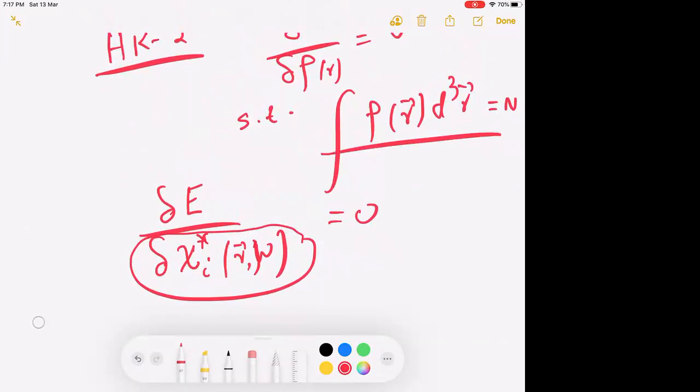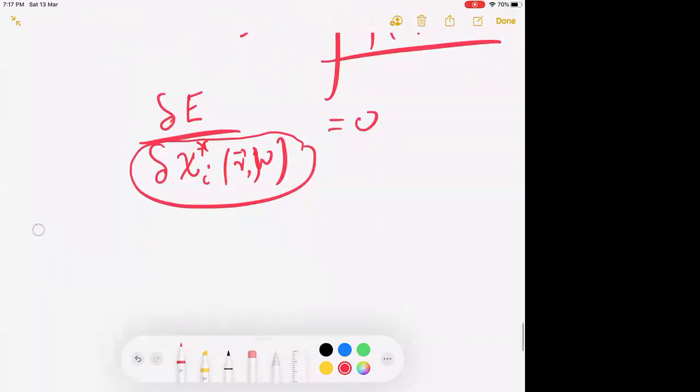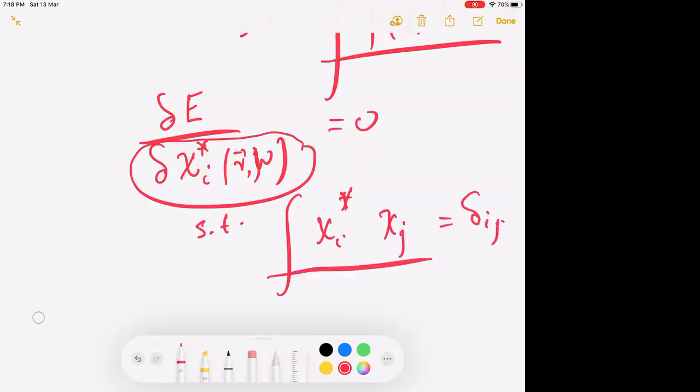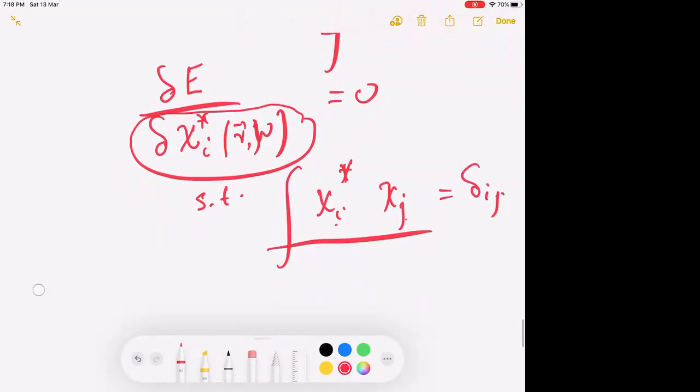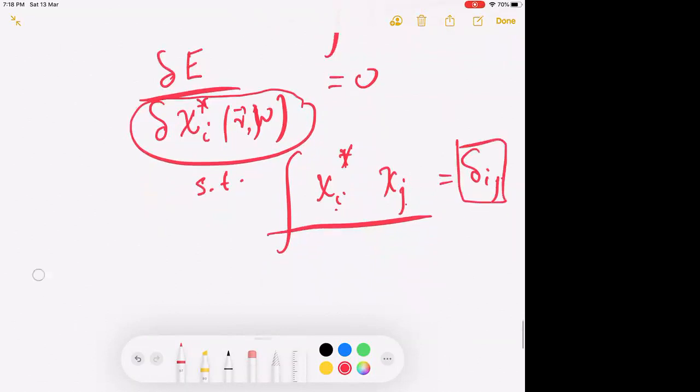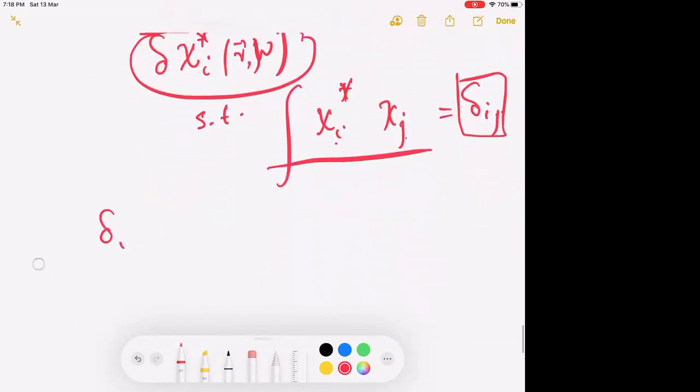And how do I make this condition? I make this condition by saying that these spin orbitals are orthonormal. I already talked with you that the spin orbitals are orthonormal, which means if I integrate two different spin orbitals completely, it is 0. The same spin orbital, it is 1. I hope those who are not aware of this function, this is called the Kronecker delta in mathematics.